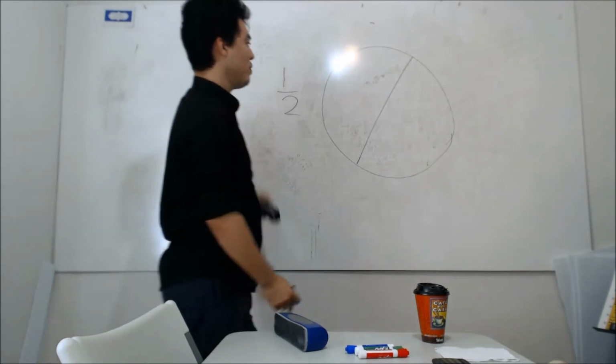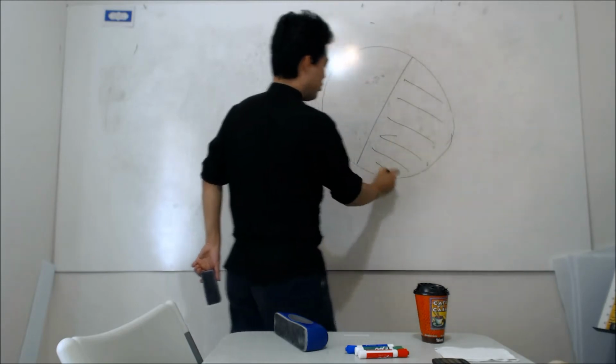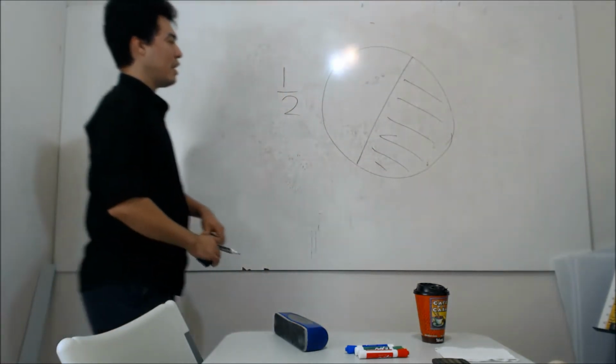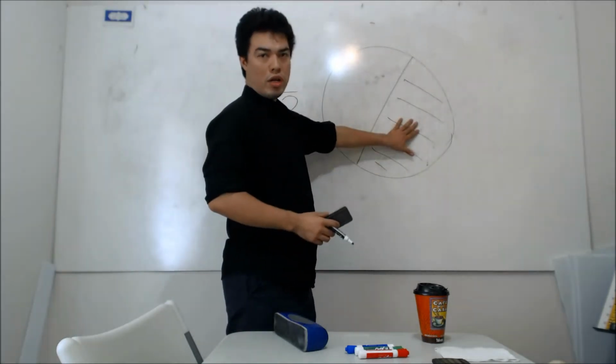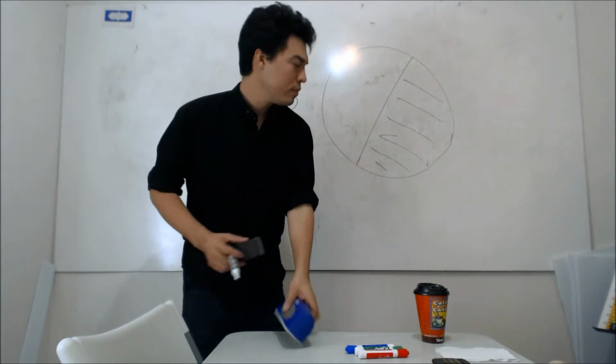So only one of those 2 pieces is to be shaded, like this. This is our pizza piece that is represented by this fraction, 1 out of the 2 equal pieces it's been sliced into.